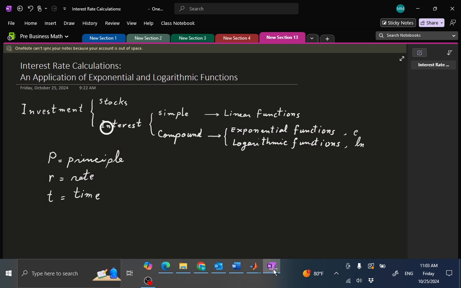Once you borrow the money, you have to pay back an extra, and that extra is referred to as interest. So I is the interest, the extra money that you pay back for the privilege of having that money in your pocket.